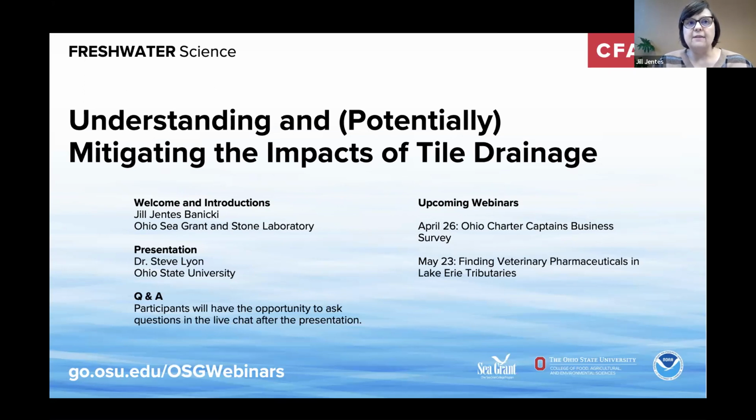He works at the intersection of water chemistry and hydrometric observations, often leveraging GIS, remote sensing products, and geostatistical approaches. Dr. Lyon came to Ohio State in 2019 as an associate professor of hydrology and water resources, and is now associate director for the School of Environment and Natural Resources on the Ohio State Wooster campus. We're delighted to have Dr. Lyon here to talk to us about his research.